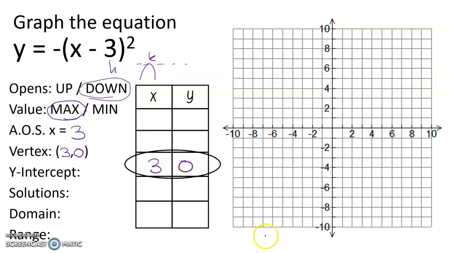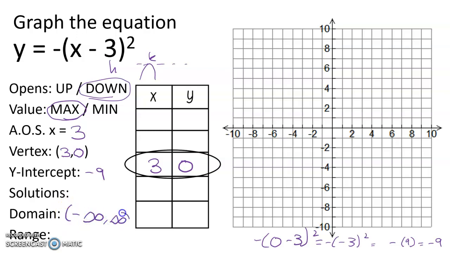Y-intercept, I need to plug in 0 for x, so negative of 0 minus 3 squared, that's going to get me -3 squared, which is going to be 9. Put the negative out front, that's going to be -9. So the y-intercept is going to be -9. Okay? Domain, I got -infinity to infinity all the time.